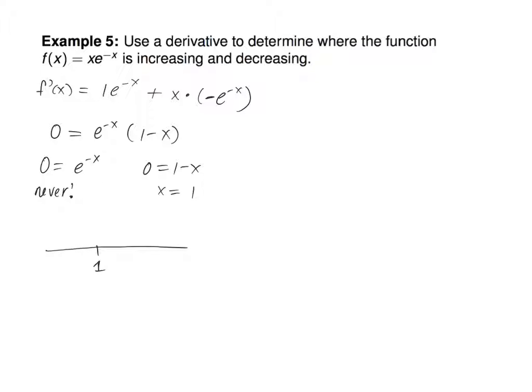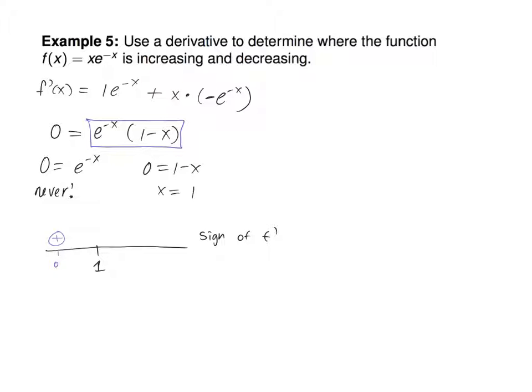So there's your 1. Look at the sign of f prime. If you take this factored form and plug in a test number to the left of 1, like 0, is the result positive or negative? E to the 0 is 1, 1 minus 0 is 1, so it's positive.